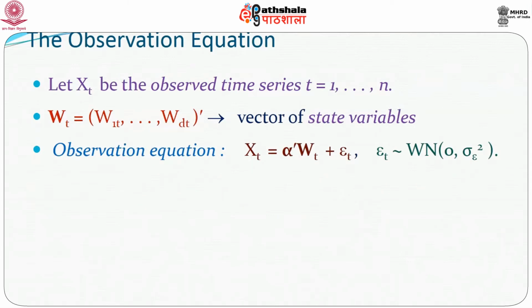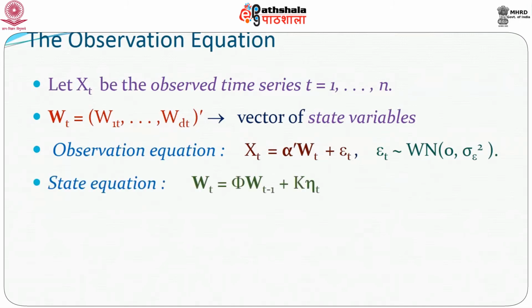Given this, we have the observation equation as x_t = alpha' w_t + epsilon_t, where epsilon_t is white noise, that is with 0 mean and constant variance sigma_epsilon squared. Alpha, remember, is a vector of constants, that is x_t = summation over j of alpha_j w_jt + epsilon_t.